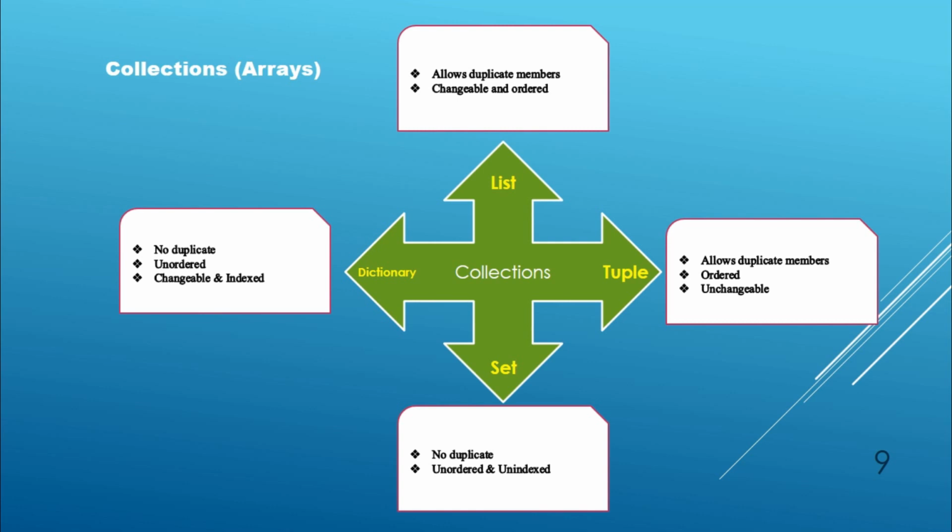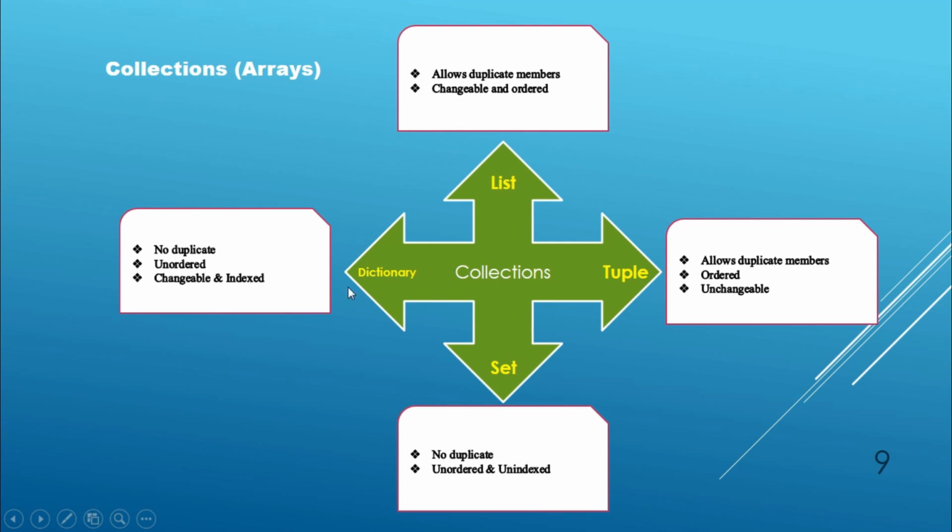For example, when you define three members like A, B, C, anytime you print, the order of A, B, C can change. The first time it may be shown A, B, C, but the second time you print, it may be shown B, C, A, like this.